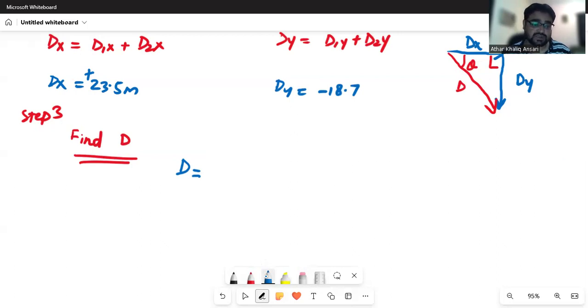Now to find the direction theta, as I told you, you will use tan inverse. Its vertical component here is, you can say, it's lagging and not writing. Let me rewrite it again, please.